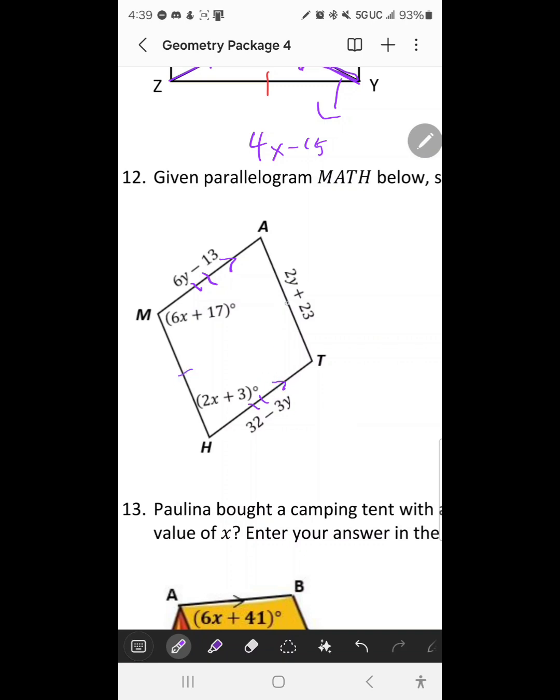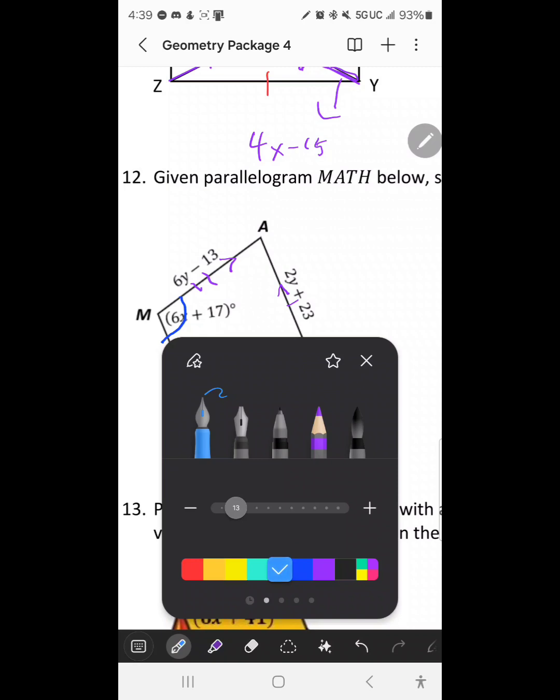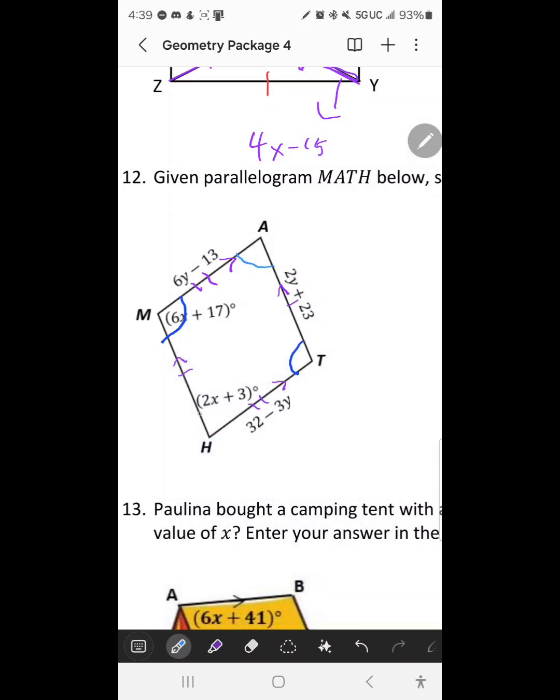And this side is going to be equal to this side, and they are going to be parallel. The other thing is that the opposite angles are equal. So this angle equals this angle, and this angle equals this angle.